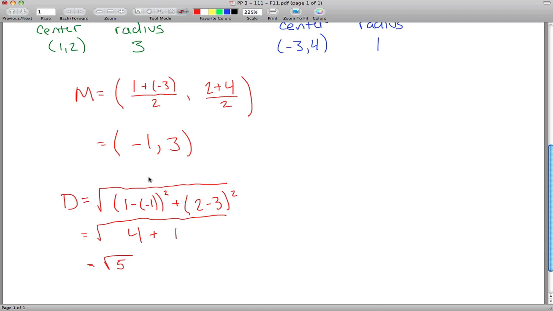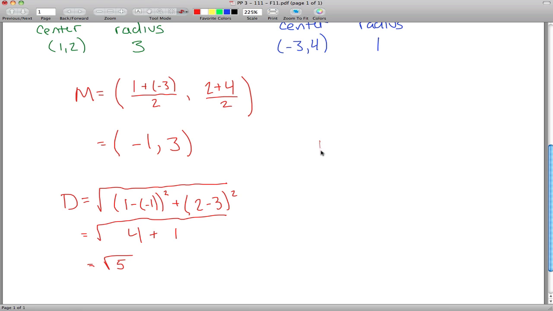So 3 is the same as the square root of 9. What that's saying is that the distance between the center of this circle and this midpoint is closer than the radius. In other words, this point is in this circle.